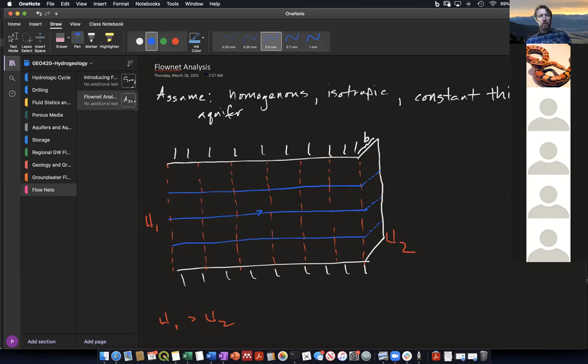All right, so this area here, bounded between two streamlines. So remember, this is a streamline or a flow line. The region bounded between two streamlines is a stream tube.